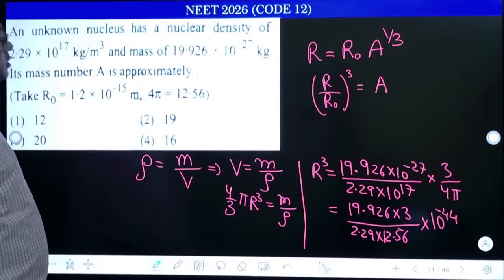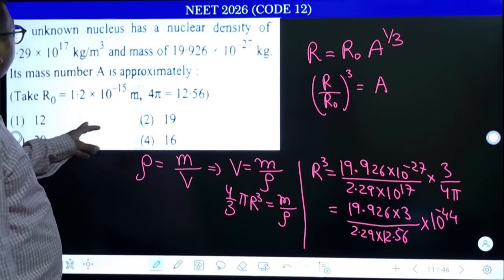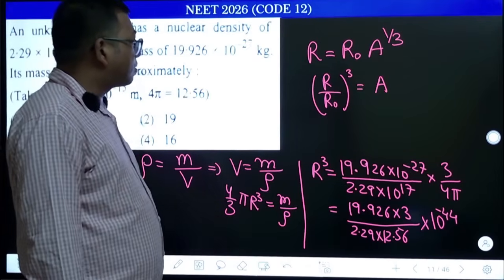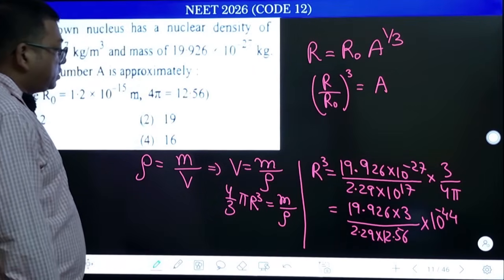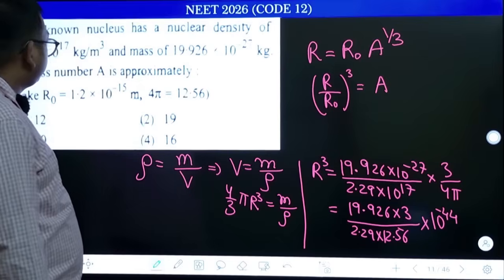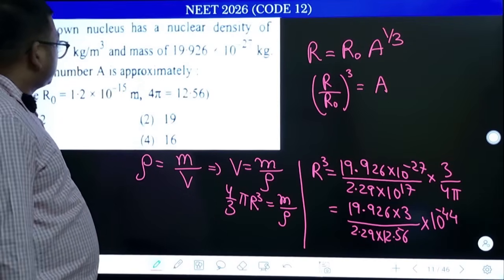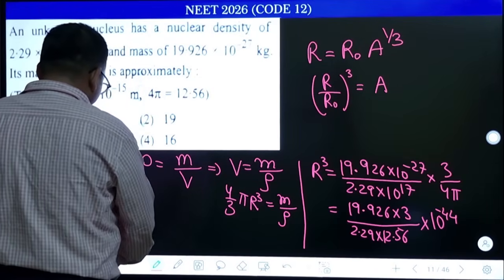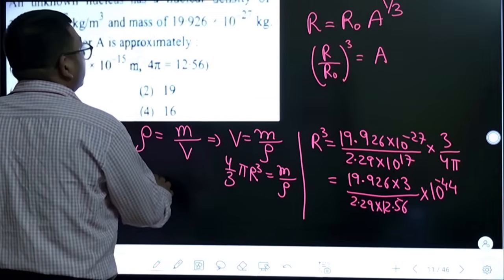So this is the value of this, and r naught value already they have given. So what are we going to calculate from here? Is there any cancellation going to happen or not? Check this. It seems to be a pure calculation.